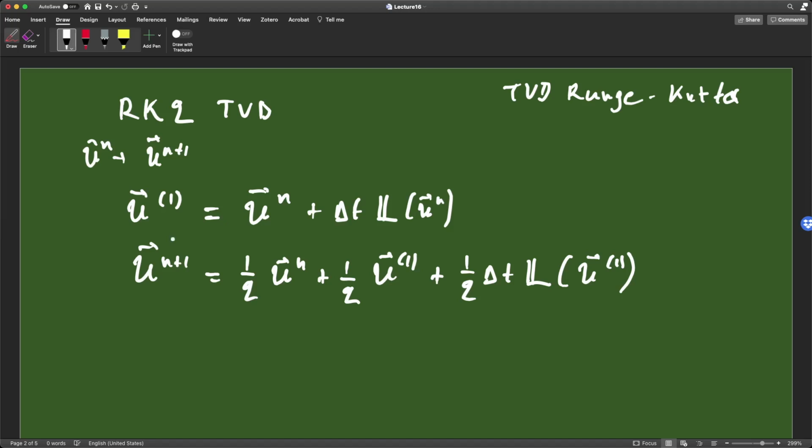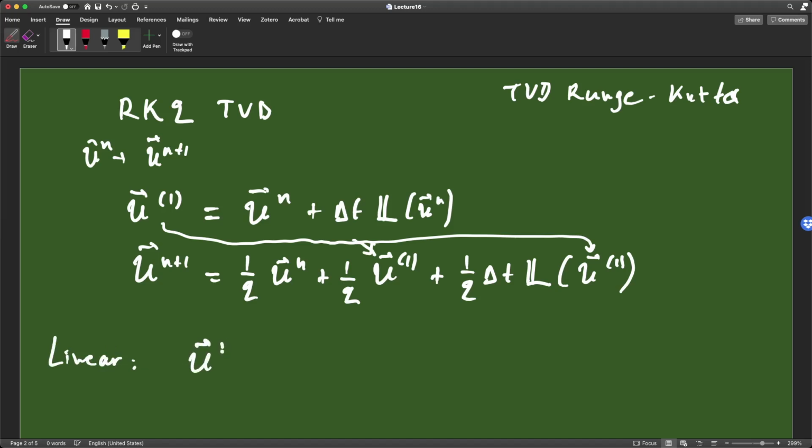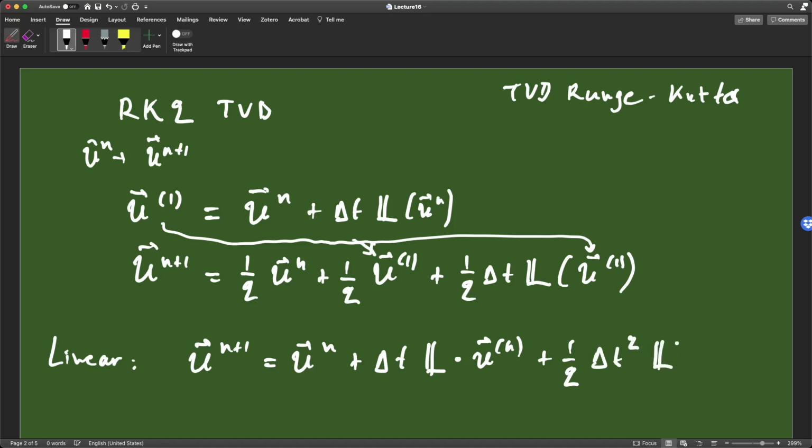If we simply take u1 and plug it in here, and also plug it in here, if we substitute, then we get, in the linear case, un plus 1 equals un plus delta t L dotted onto un plus 1/2 delta t squared L squared.